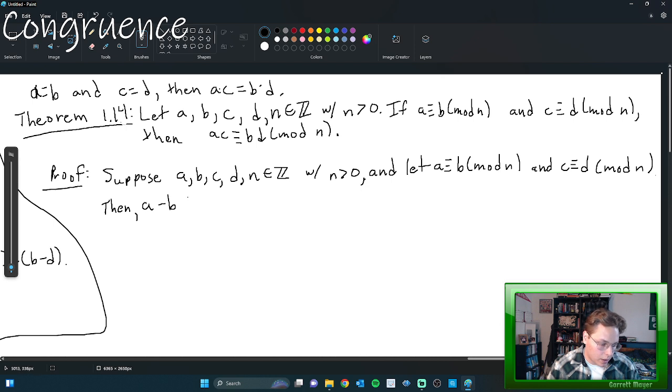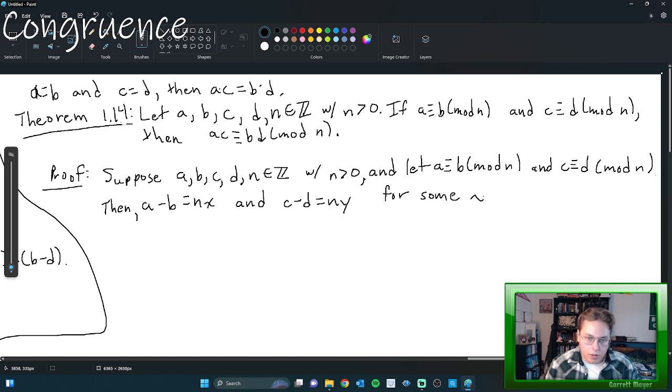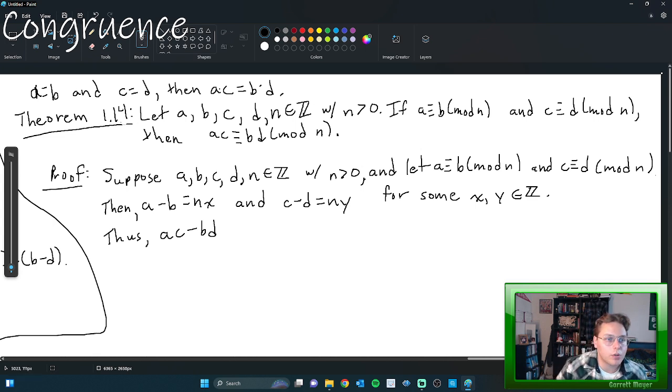So A minus B equals nx, and C minus D equals ny for some x and y that are integers. Thus, AC minus BD, which is ultimately what we're looking at, because what we're trying to prove here is that AC and BD are congruent mod n, which would mean that AC minus BD would have to be divisible by n.